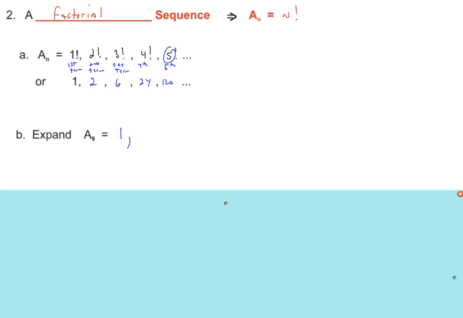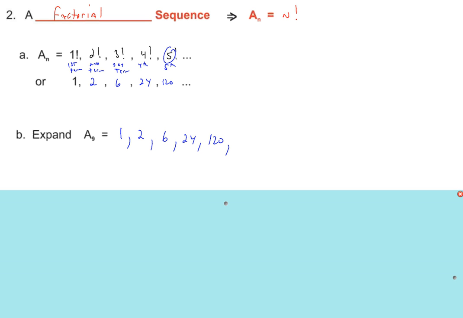First term is going to be 1 factorial or 1. Second term, 2 factorial or 2. Third term, 3 factorial or 6. Fourth term is 4 factorial or 24. Fifth is 5 factorial or 120, and finish it out.